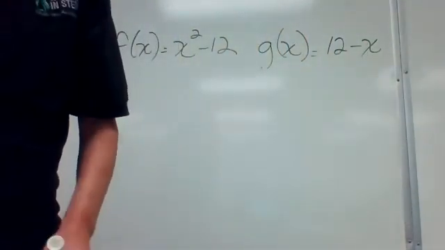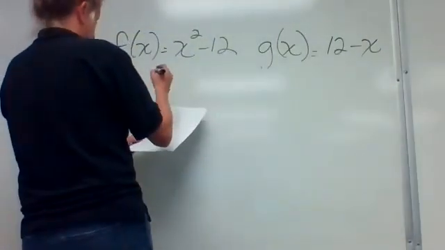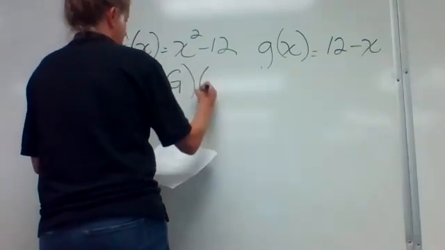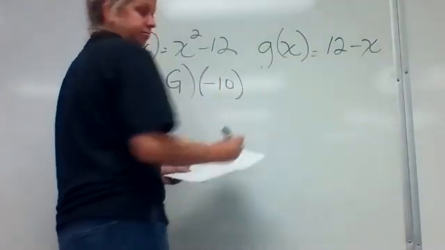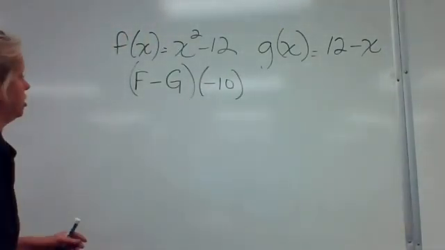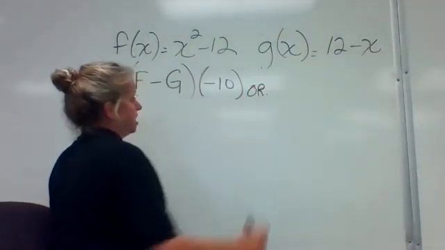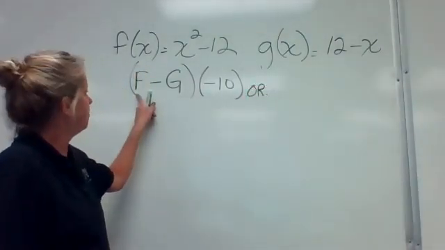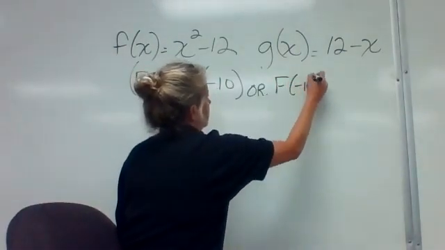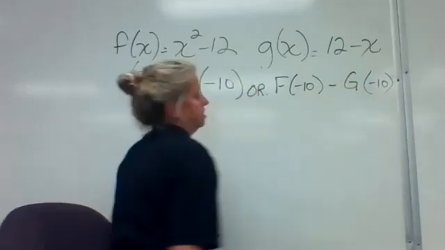Wants me to find f minus g of negative 10. So we were doing this earlier. Remember how we like to see it? When I say we, I mean me. F of negative 10 minus g of negative 10.